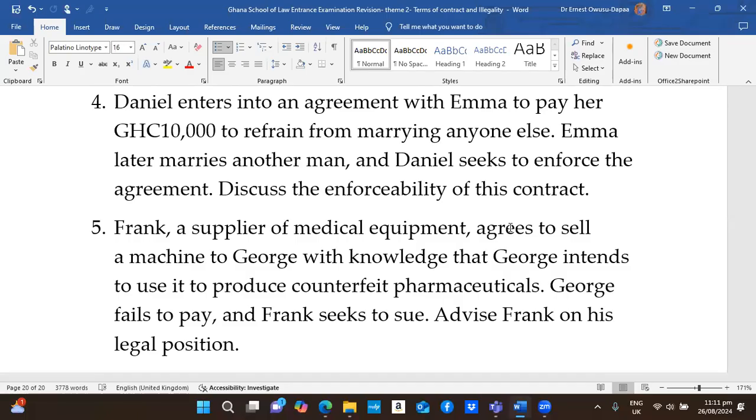As soon as you mention restraint, once you go to contract in restraint of trade, that means one of two things: contract in restraint of employment or contract in restraint of sale of business. But here you are talking about a contract which seeks to prevent her from marrying. Is that not the case? Or are you talking about restraint of trade? No, please, that's the case. The restraint to marry. Good.